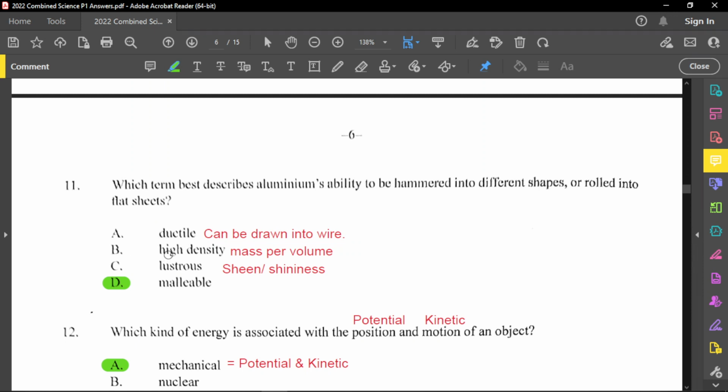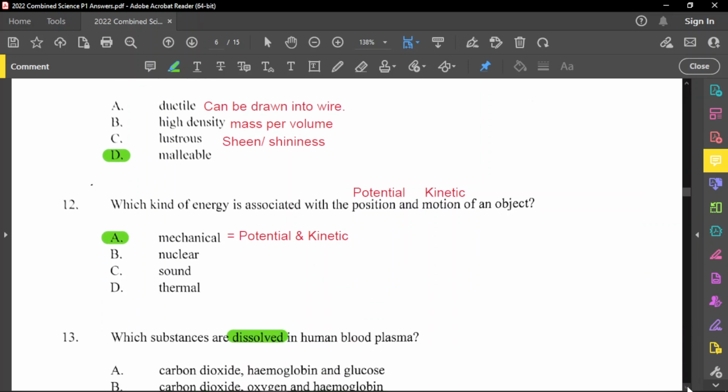And high density means a lot of mass per volume, which means a lot of particles in a given volume of the substance. Of course, aluminum is not high density, to be honest with you. Aluminum tends to be a light metal. Luster refers to how shiny it is. Aluminum is shiny, but based on the question, they asked about being hammered into different shapes, and so malleability is the correct answer.